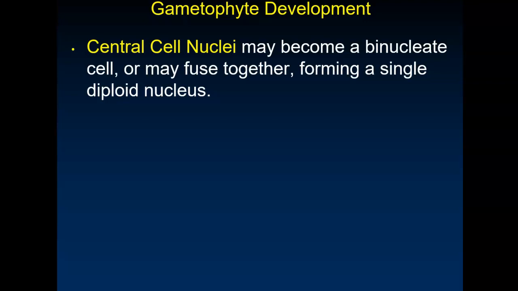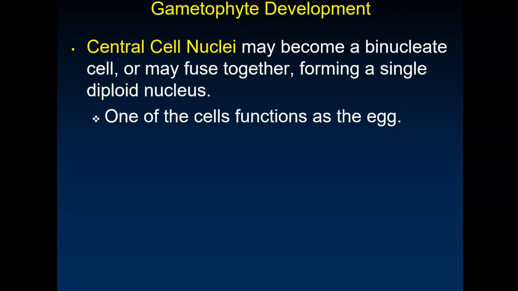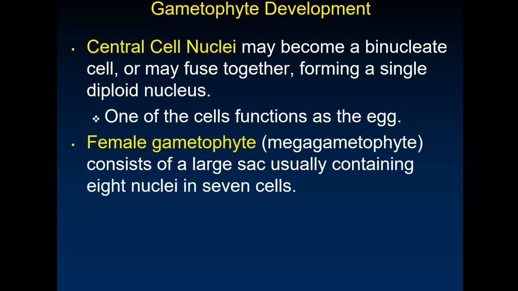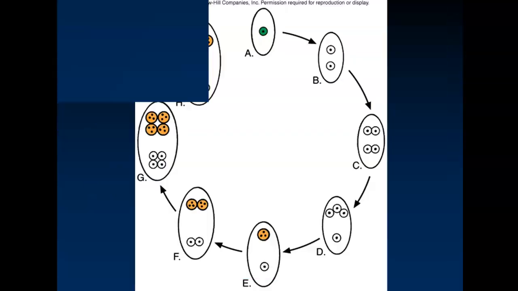So sometimes they do it one way and sometimes they do it another. One of those cells will function as the egg. So the female gametophyte really is basically this large sac. Lots of times it's called an embryo sac, and it contains 8 nuclei and 7 cells. And so that's what we've got going on for the female.